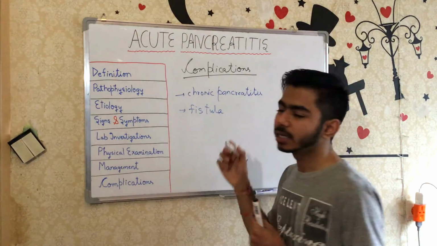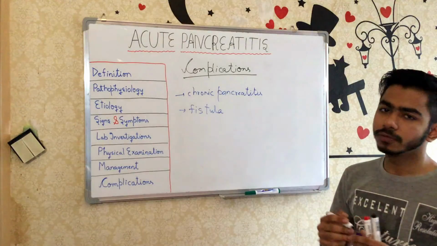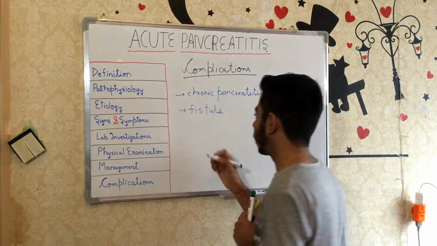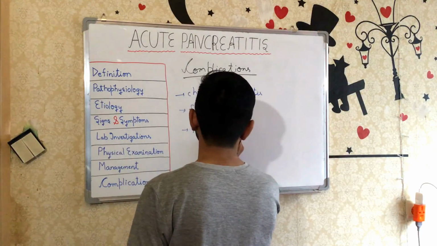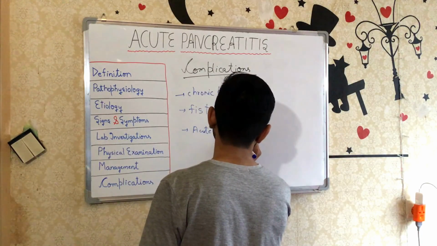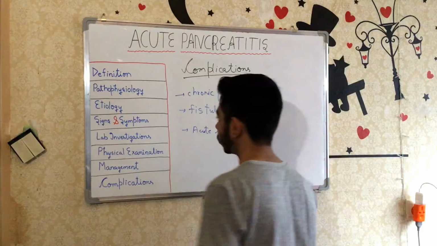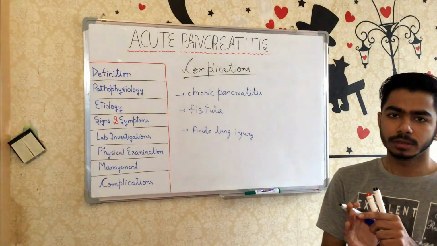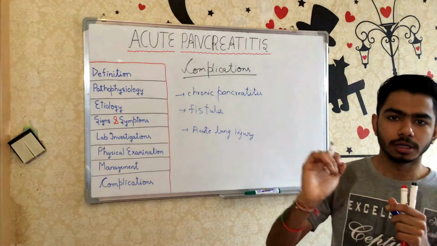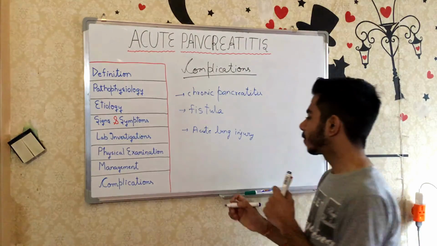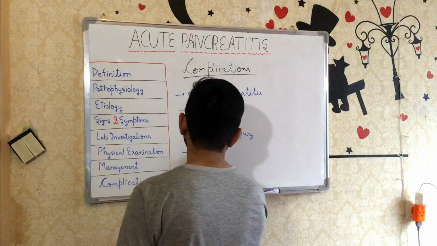If pancreatitis is left untreated, it can cause fistulas. It can cause acute lung injury, because the pancreas can rupture and its contents can go into the lungs too. Further, it can cause acute renal failure also.